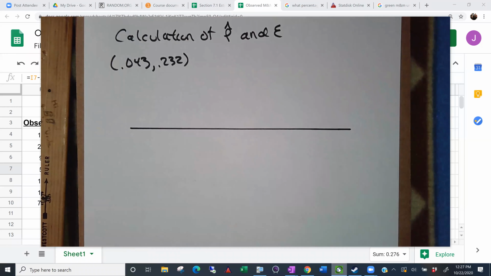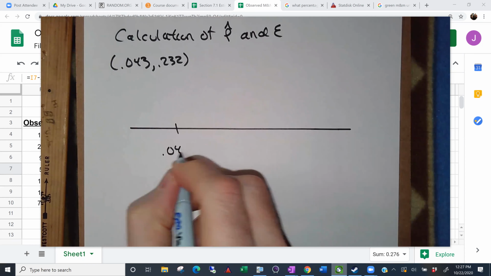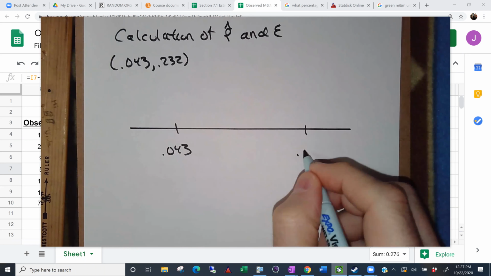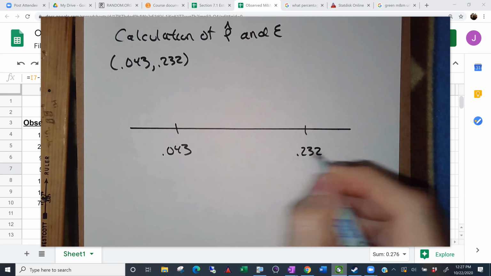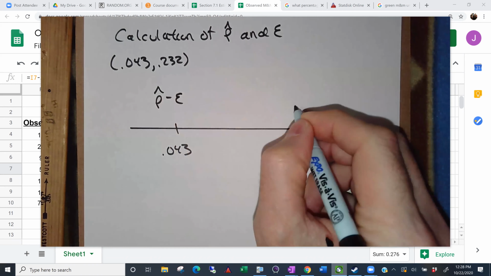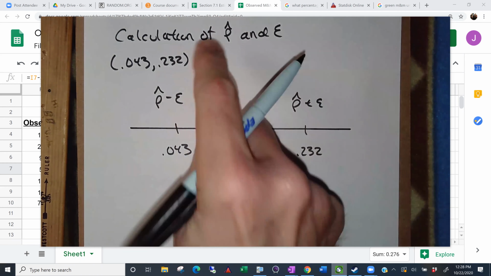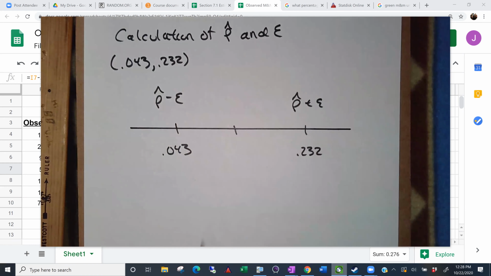All right, so we had 0.043 and 0.232. And this is going to be p hat minus E and p hat plus E. Well, I want to figure out what p hat is. And p hat's going to be right there in the middle.